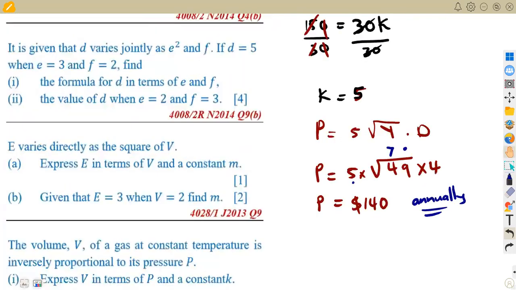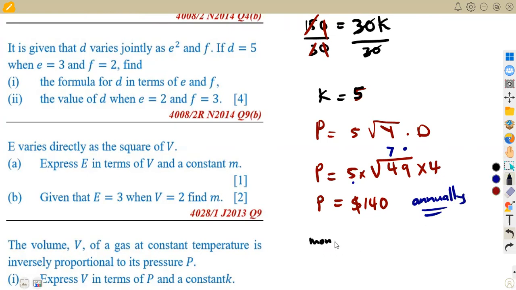So at the end, for you to obtain the monthly, you are supposed to divide this amount by what? By 12. That will be the whole idea of our question. We have to divide by 12.